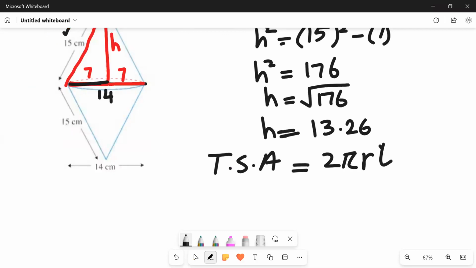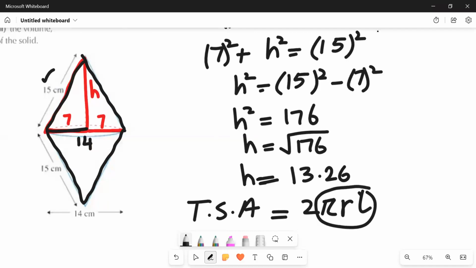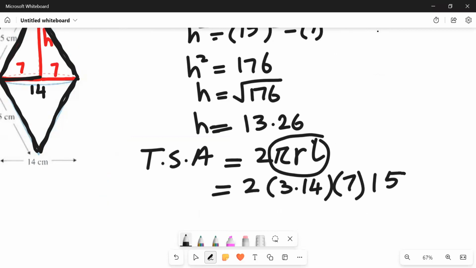We have to find the total surface area of the outer boundary, which means the curved surface. We know that the curved surface area is this for one cone. Here we have two cones, the down one and the upper one. So we are taking the total curved surface area. So it is 2 times 3.14, and r is 7 and L is 15. Yes, Zara, calculate this. What is the answer for this?